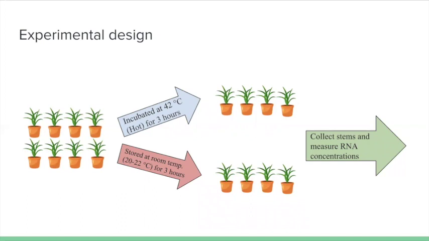We put them in a growth chamber that was set at 42 degrees Celsius, which previous literature showed is considered hot for beta stachyon. And we kept them there for 3 hours while we stored the other 4 at room temperature for 3 hours. And then we collected the stems from both sets of plants and we measured the RNA concentrations and compared them.